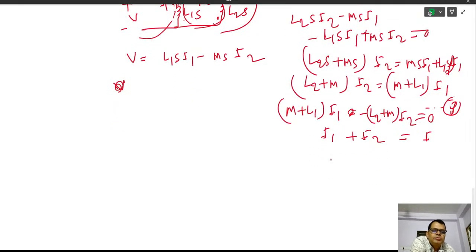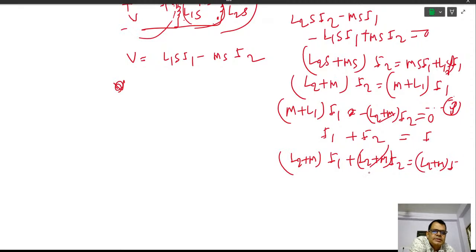So you know how to solve this type of equation. For example, if you multiply L2 plus M on both sides, like (L2 plus M) I1 plus (L2 plus M) I2 is equal to (L2 plus M) into I. So this and this cancel.